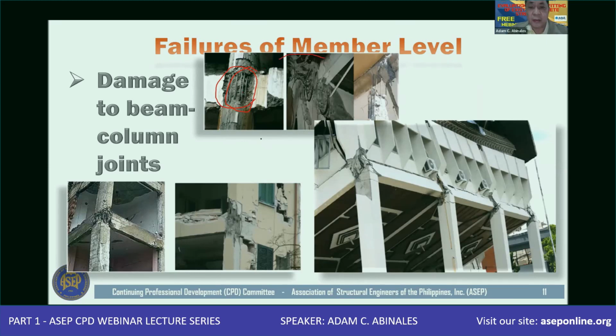And then looking at this failure here at the joint, as well as this joint here, and then of course this cracking of the joint here, and this type of failure of the joint.